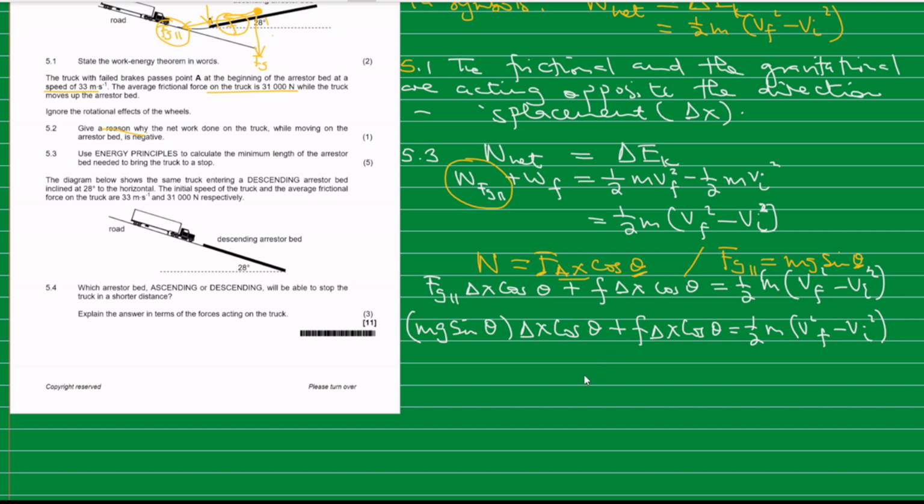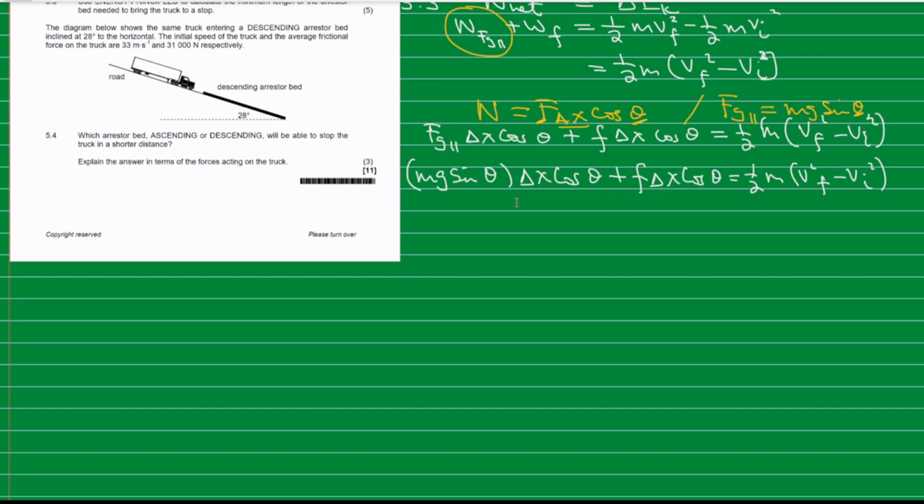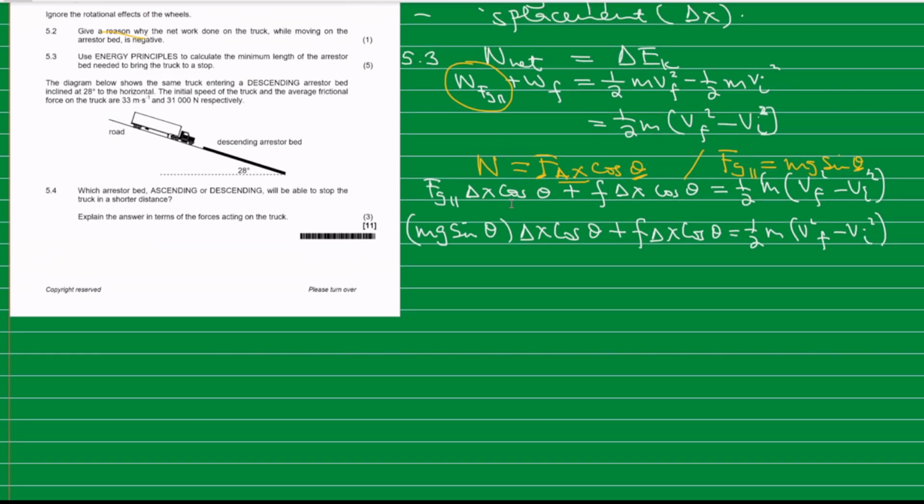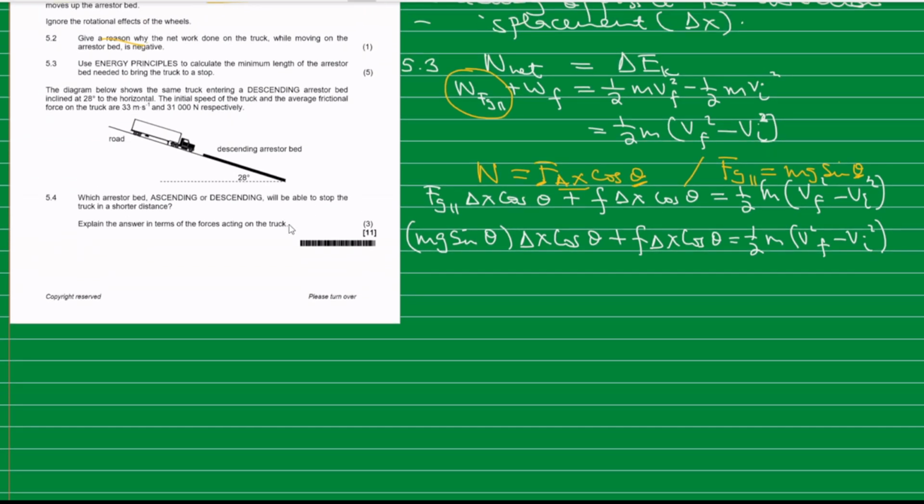All right, so now let us put in our values. m is the mass of the truck, which as we have read is 30,000. So 30,000 times g, 9.8 gravitational acceleration, times sine theta.